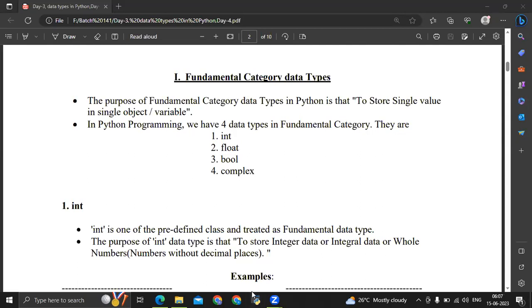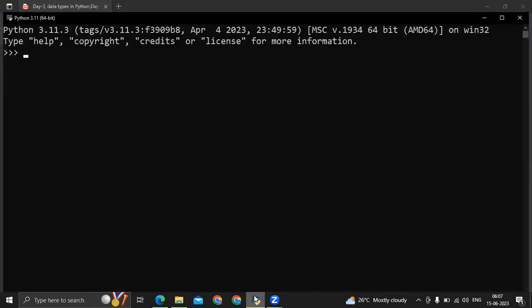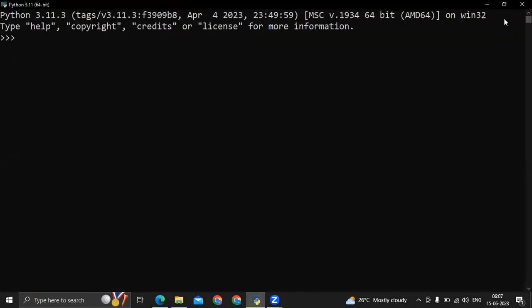Let me show you with examples now. Let's take A is equal to 100. Now B is equal to minus 345. Now C is equal to 0. Now I'm writing print A, comma, type of A. See what type of class it is? It is an int class.